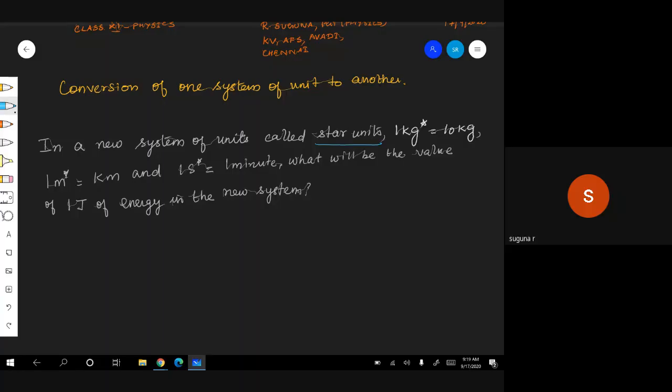The problem goes like this. In a new system of units called star unit, 1 kilogram star is equal to 10 kg.